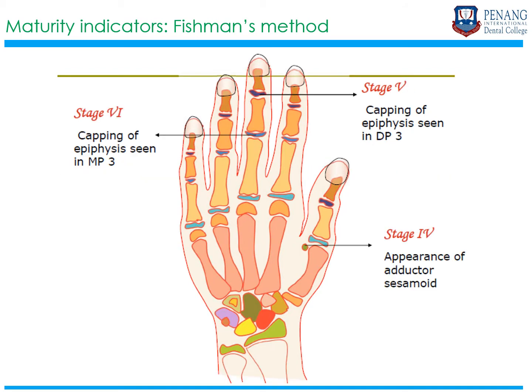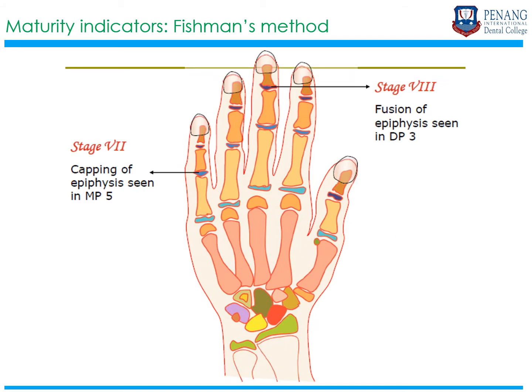So this one here shows stage 4, 5, and 6. 4 is the appearance of the adductor sesamoid of the thumb. 5 is capping of epiphysis as seen in distal phalanx of the third finger, and stage 6 is the capping of epiphysis as seen in medial phalanx of the third finger.